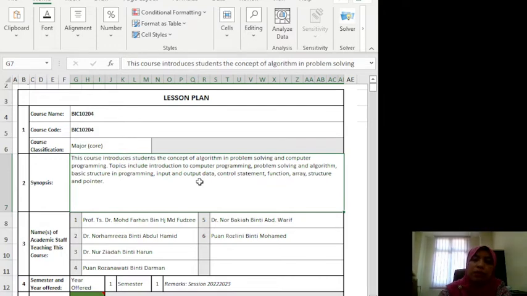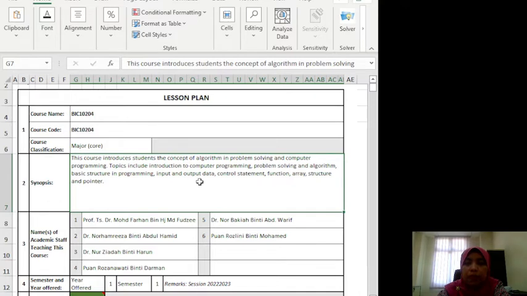So in this course you need to know how to write the algorithm, the syntax, and also how to map your daily problem into programming. This is the simplest, from semester 1 to semester 6, basic C++.